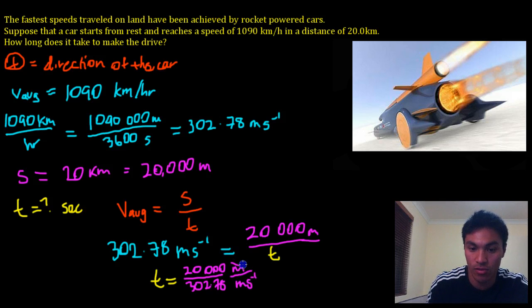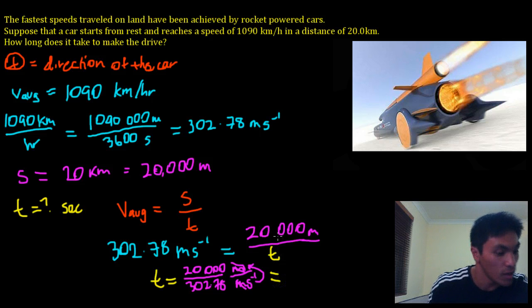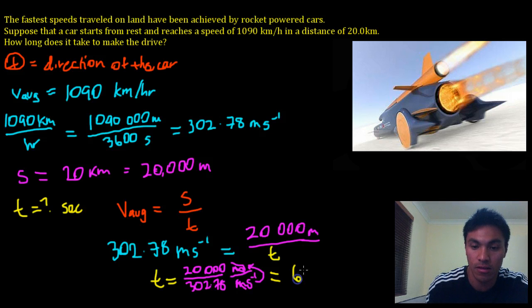So the meters cancel out, this one goes on top and becomes a positive number. So it's just 20,000 divided by 302.78, which gives you, I calculated it before, approximately 66.06, and because the units cancel out, we have 66.06 seconds. And I hope that was helpful.